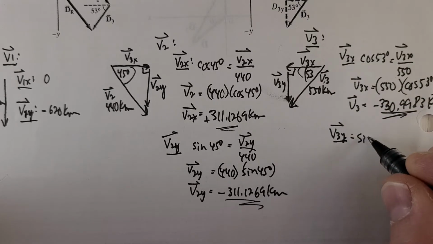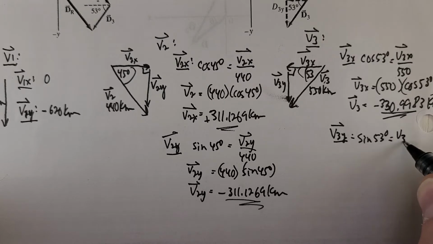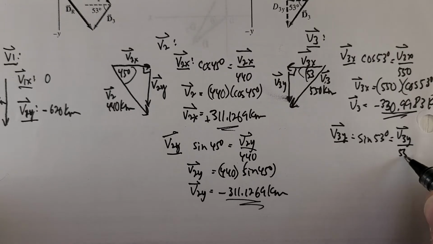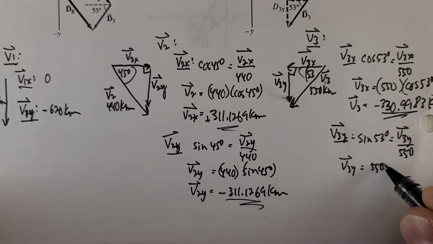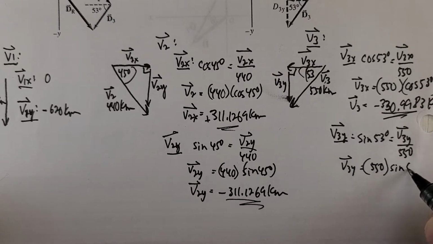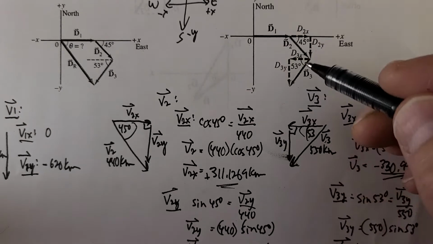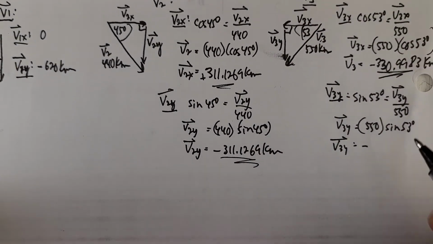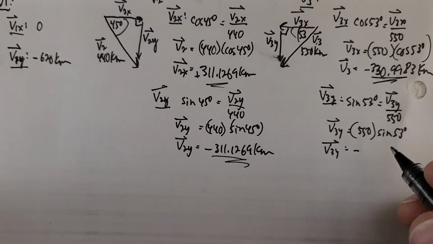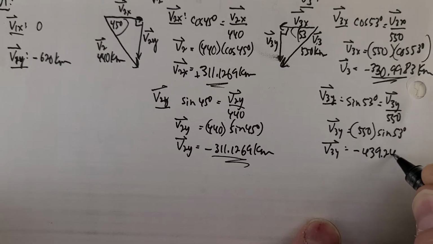So yes, opposite over hypotenuse is sine. So V3y is equal to 550 multiplied by the sine of 53. So that is going to give me, now it's pointing straight down, so I know that's going to be negative, so slap a negative in front. We have to assign these signs because we won't get them automatically by calculating. 439.2495.